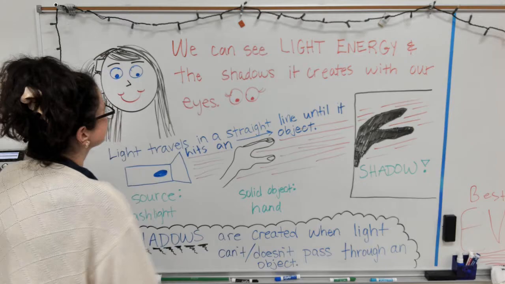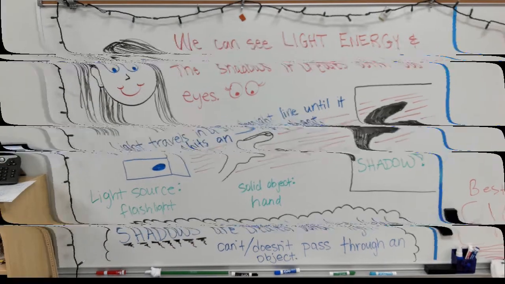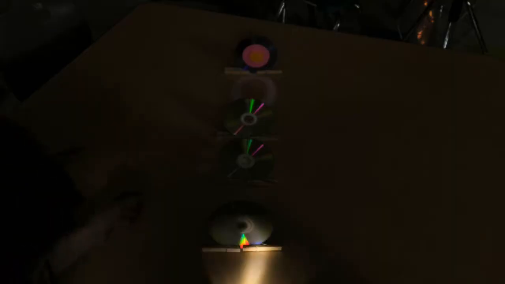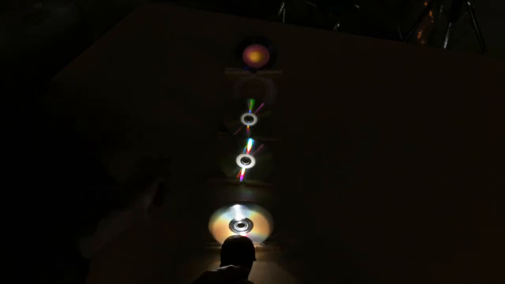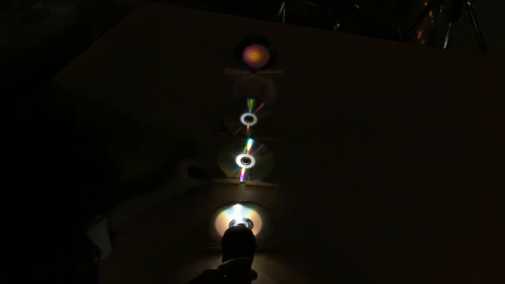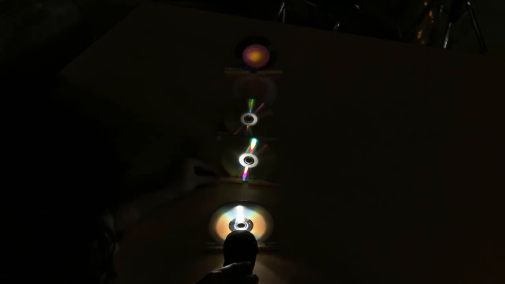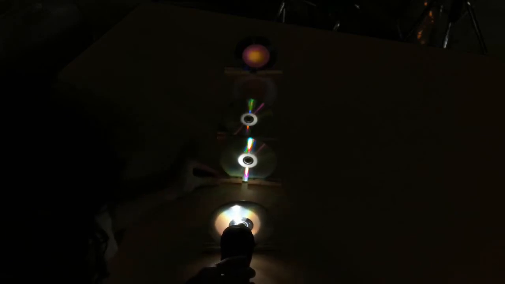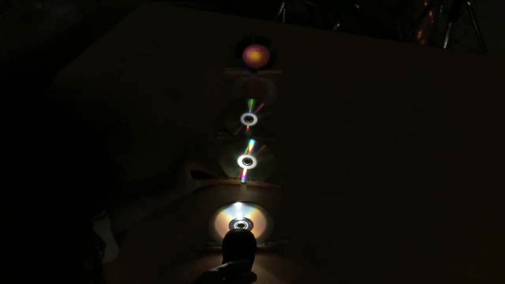Whoops, sorry for my spelling mistake. So with this light demonstration, I have a line of CDs held up by clothespins, and I put these CDs in a straight line with the last CD having an orange and pink target.